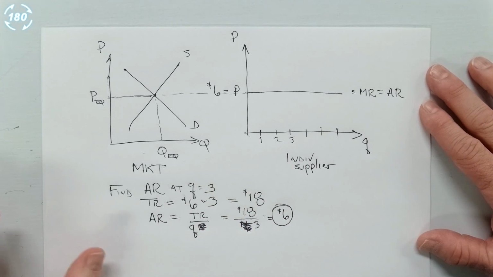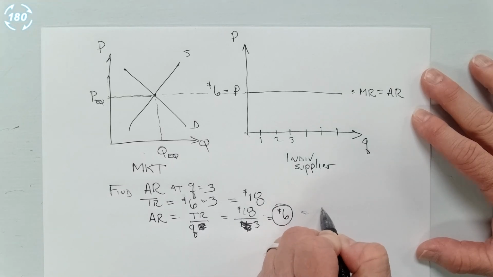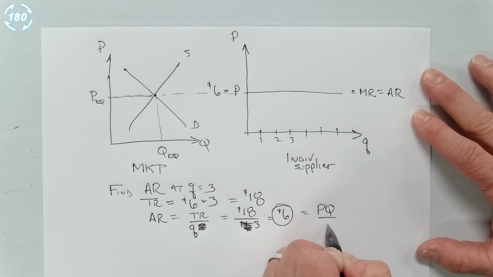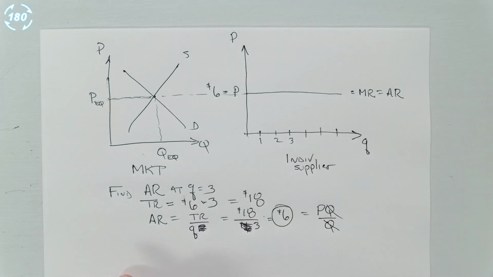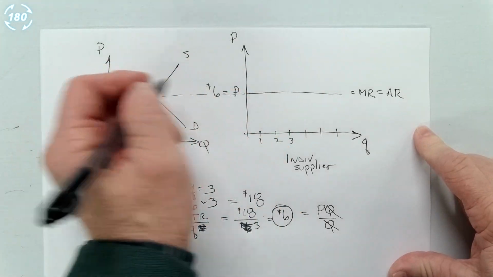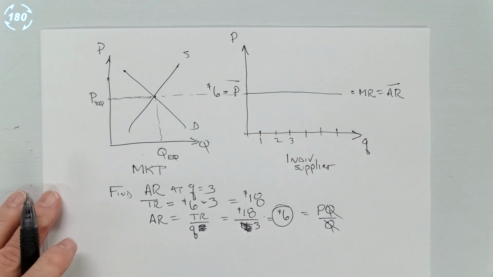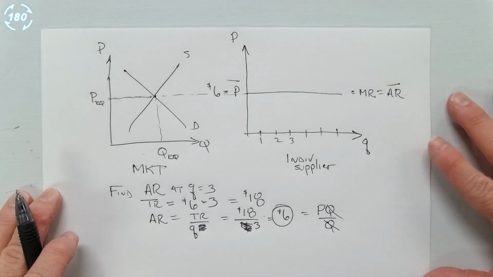It's the same as the price because again, the average revenue is the price times the quantity, divided by the quantity. I'm going to use Q here. It doesn't matter. The quantities cancel out. It's that simple. So in perfect competition, the average revenue equals the price. I'm going to put a little bar over these because that means they're constant here. They're never going to change.